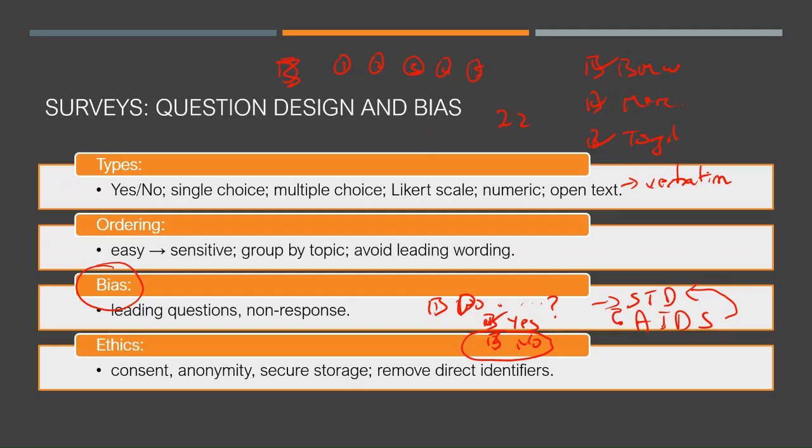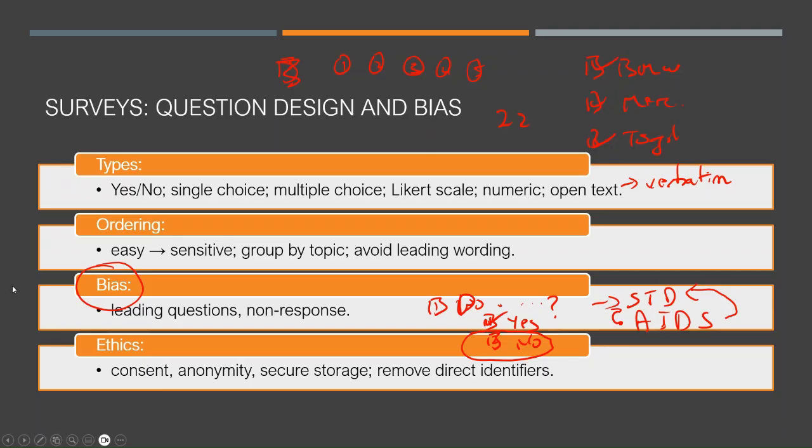For example, if you are doing a survey among young children below 18, you can't just start collecting data from them. You might need the consent of their parent and so on. And there are also ethical aspects if you are doing a survey in a college, for example. So these are a little bit about surveys, question design, and bias.